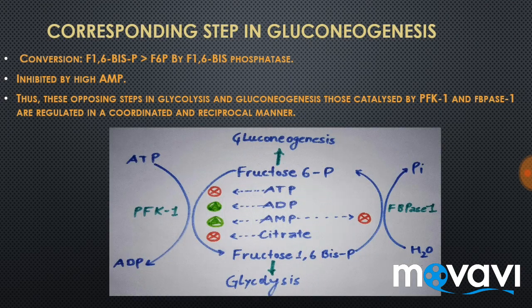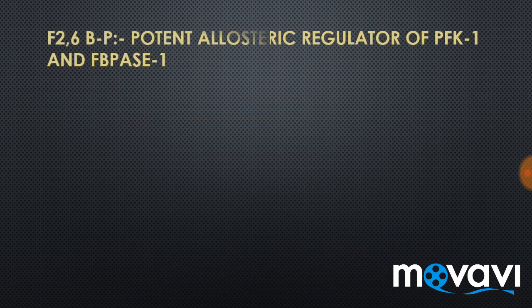So this is a picture here. You can see the molecules which we just have studied: ATP, ADP, AMP and citrate. Their presence or absence would affect gluconeogenesis and glycolysis differently. Now there is a very important molecule which we haven't seen yet.